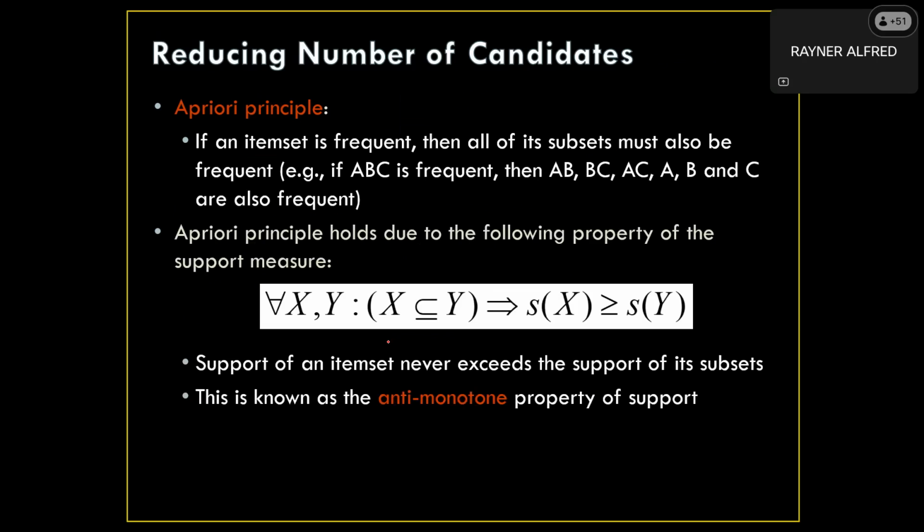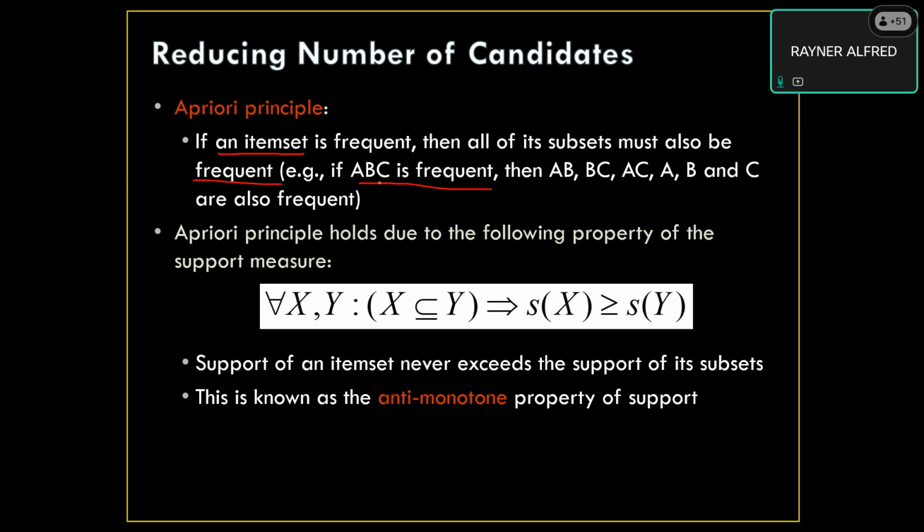Okay. So in the Apriori principle, they say that if an itemset is frequent, then all of its subsets must be frequent. For instance, if ABC is frequent, frequent means the number of occurrences for ABC is greater than or equal to the minimum support.